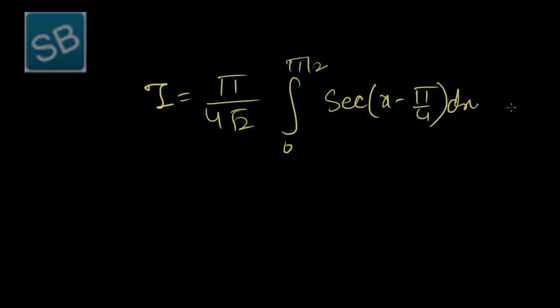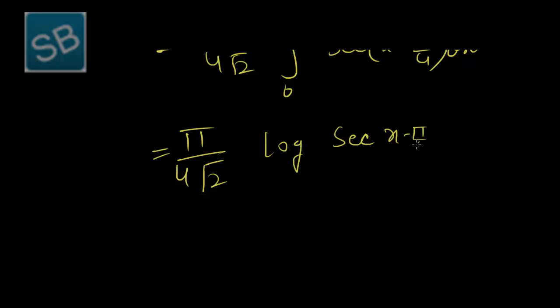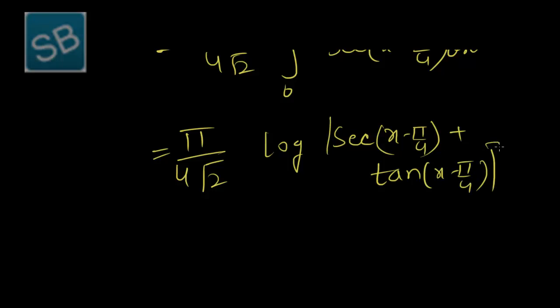So what is the integration of secant x minus pi by 4? That is log of secant x plus tan x over the range 0 to pi by 2.